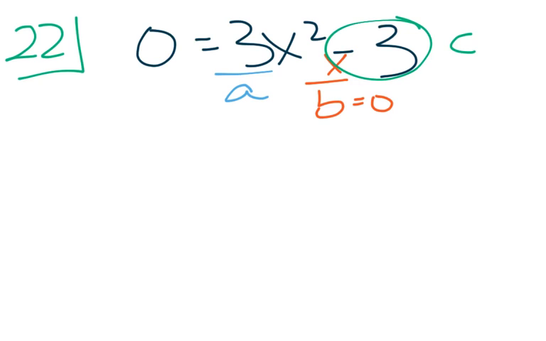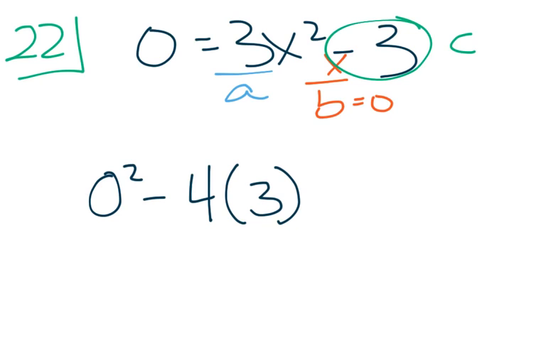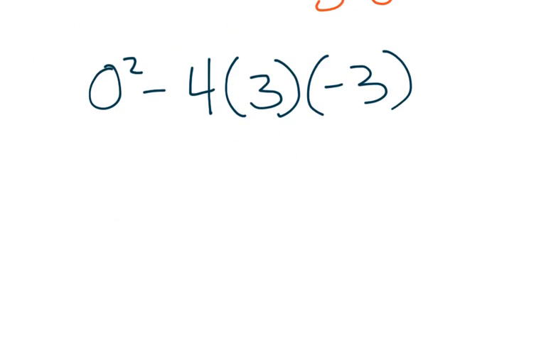So we have b squared, which is 0 squared, minus 4 times a, which is 3, times c, which is negative 3. So we have 0 minus 4 times 3 is 12, times negative 3 is negative 36.